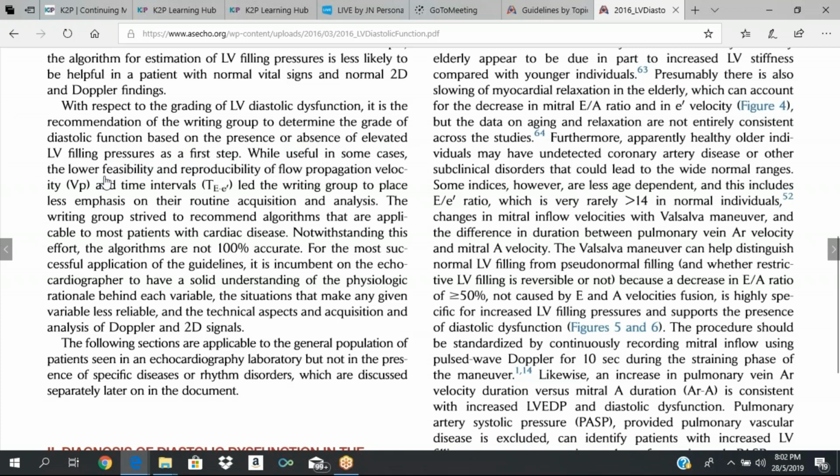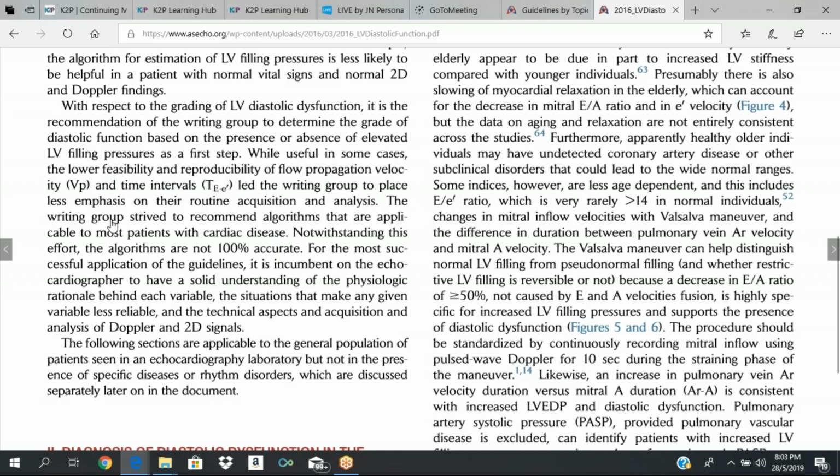While useful in some cases, the lower feasibility and reproducibility of flow propagation velocity and time intervals led the writing group to place less emphasis on their routine acquisition and analysis. So basically, we are not using the flow propagation velocity anymore.